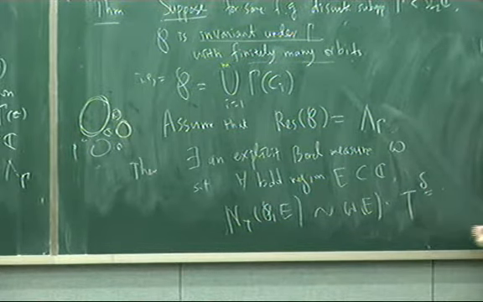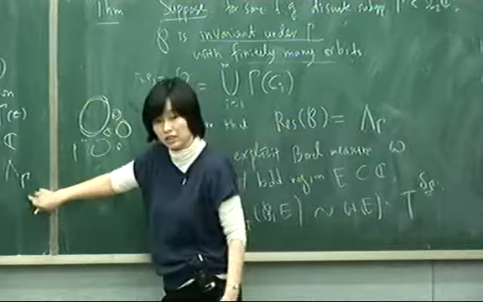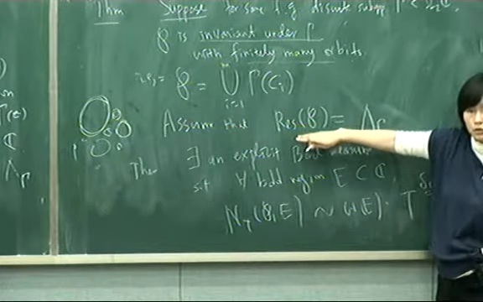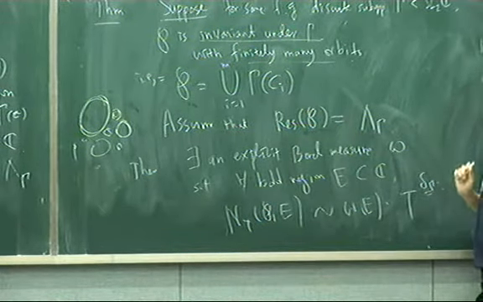Okay? Now this delta is the Hausdorff dimension of the limit set, which is exactly the same as the residual dimension of the packing, because my assumption is that the residual set is the same as the limit set. Okay?